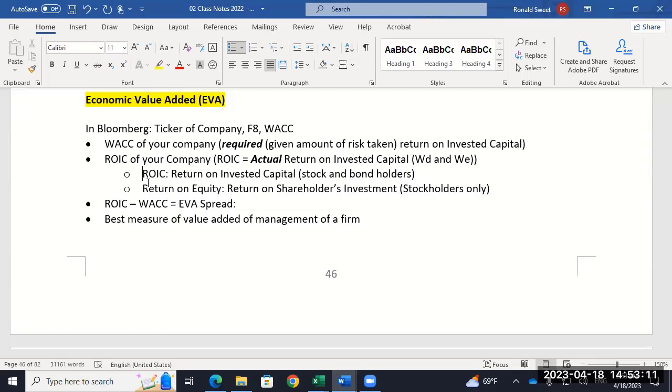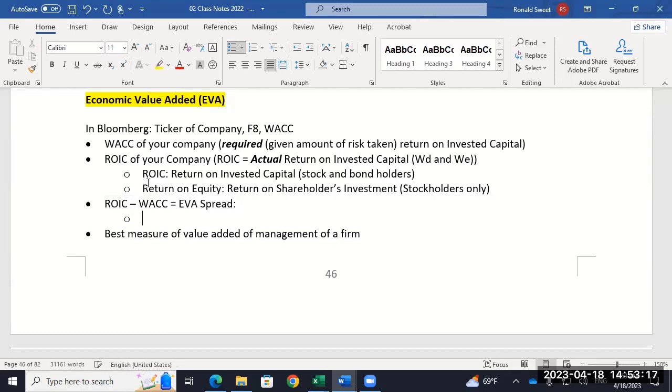We're going to compare ROIC to the WACC. Why? Because WACC is KD and KE. KD, remember, that's the bondholders' return. KE is the stockholders' return. So return on invested capital is both stock and bondholders.